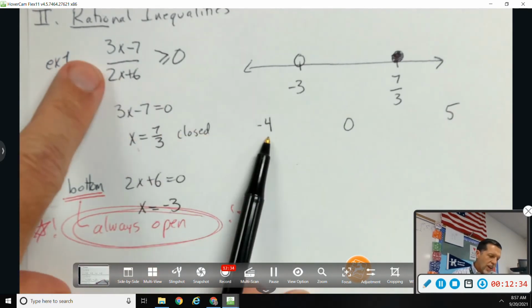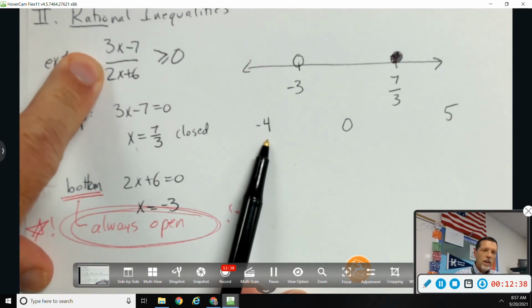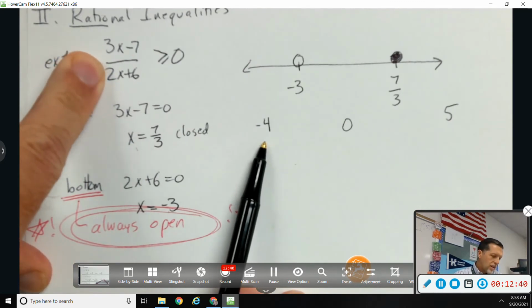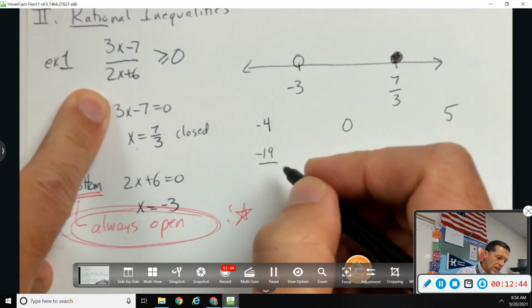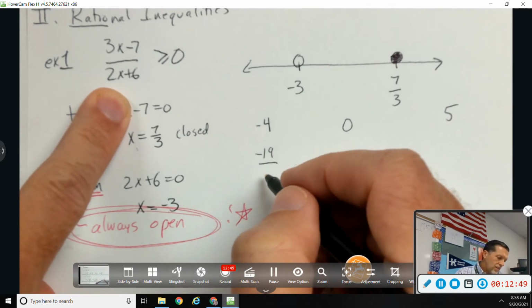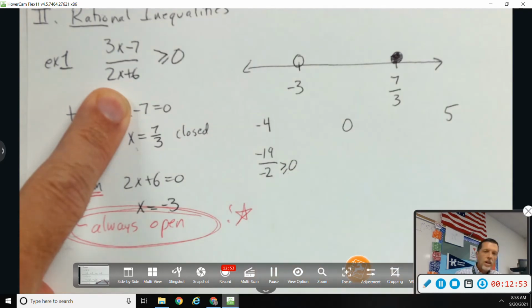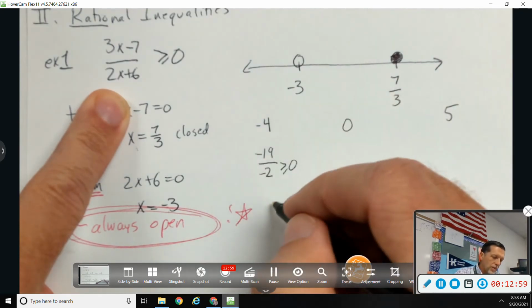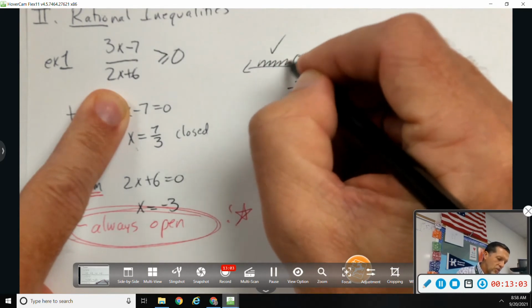And we're checking if we're greater than 0. So if you plug in negative 4, I'm going to get negative 12 minus 7 is negative 19. And in the bottom, I'm going to get negative 8 plus 6 is negative 2. Is that greater than 0? Yeah, again, I don't really care about the numbers. I'm worried about the positives and negatives. Positive greater than 0, yes, that is true.